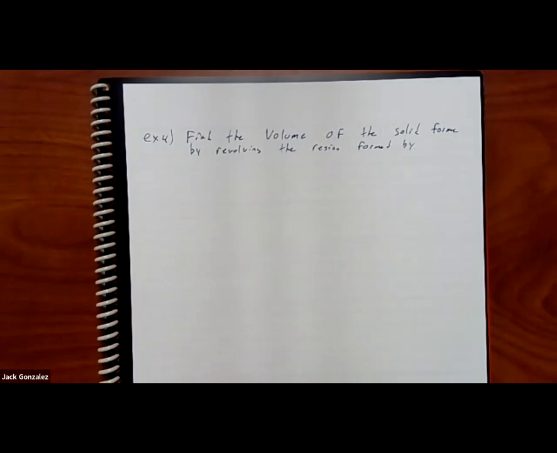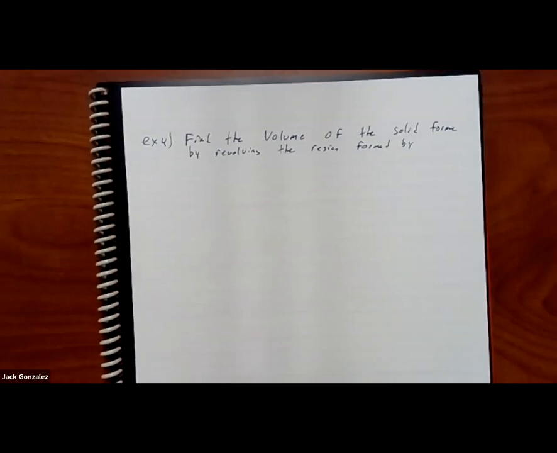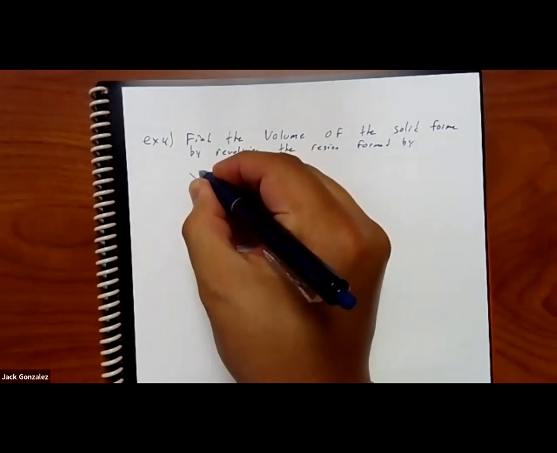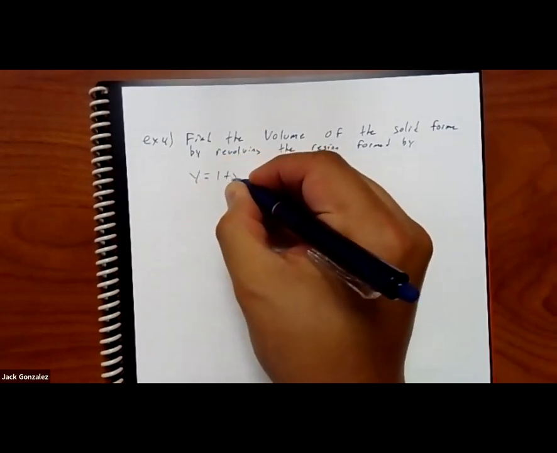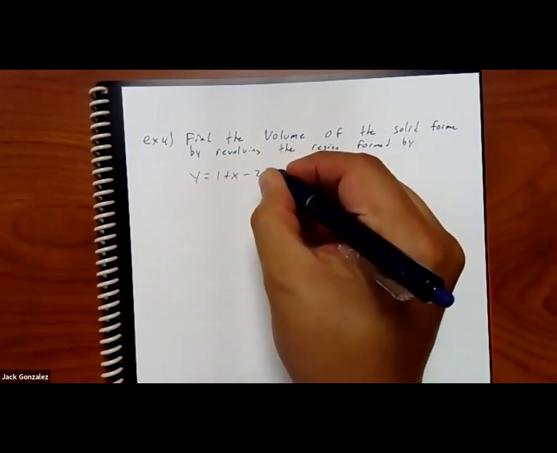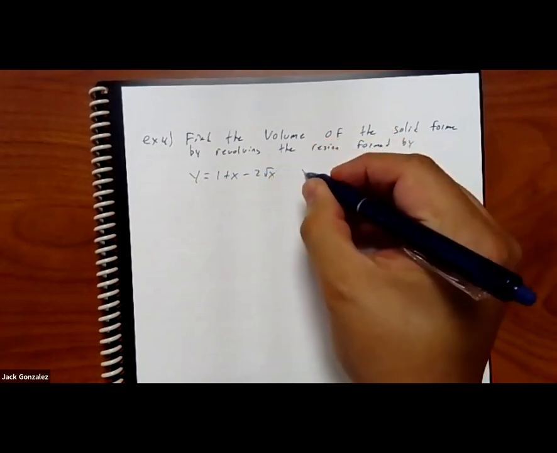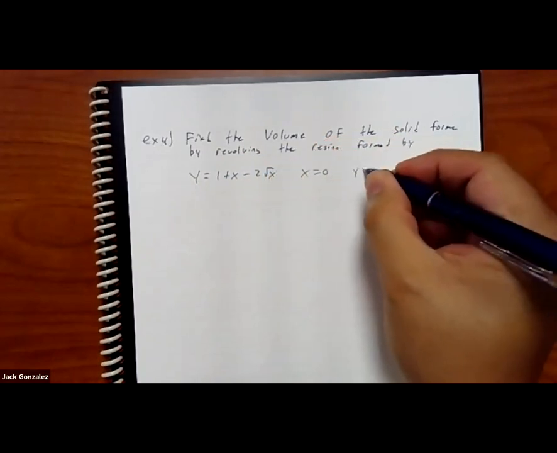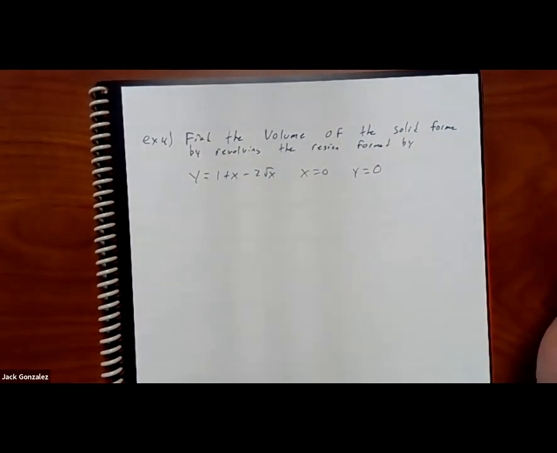I didn't write the equation. That's weird. One second. Y equals 1 plus x minus 2 root x. X equals 0. Y equals 0.